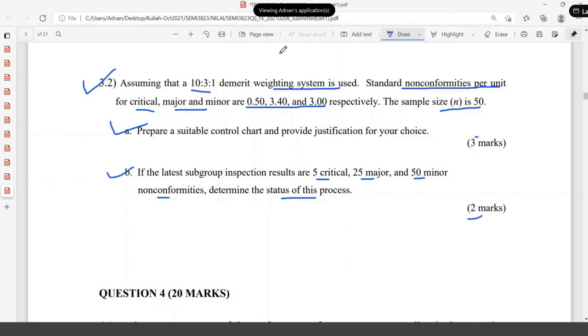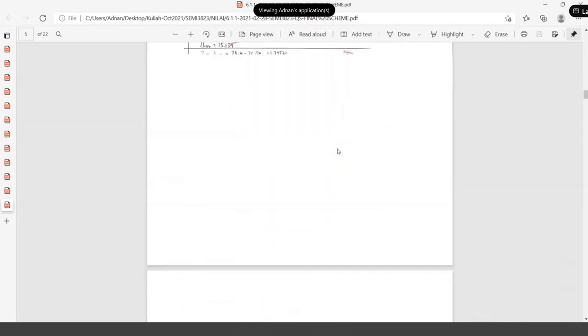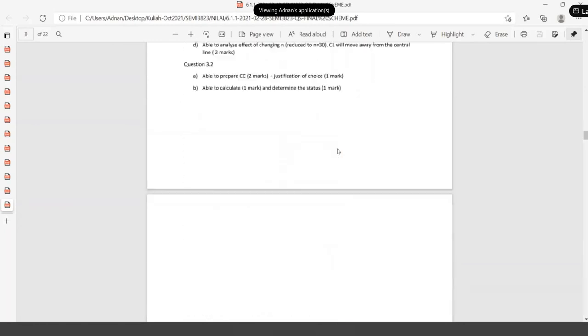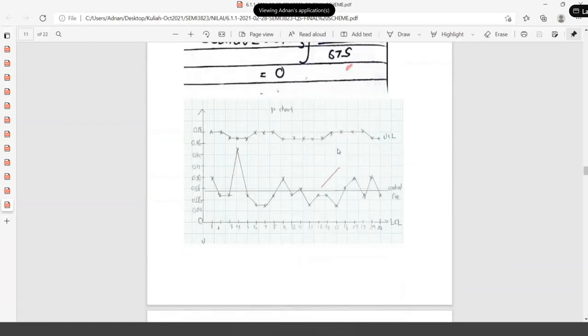So this one, you have that solution. I think this is the solution. Tak pasti pula betul tak ni solution dia.